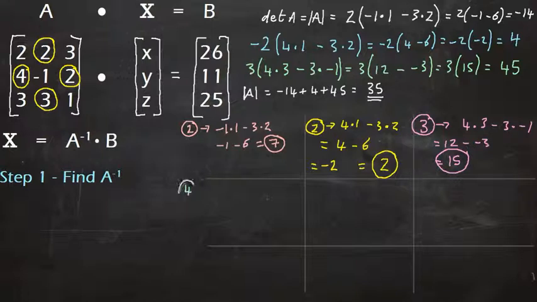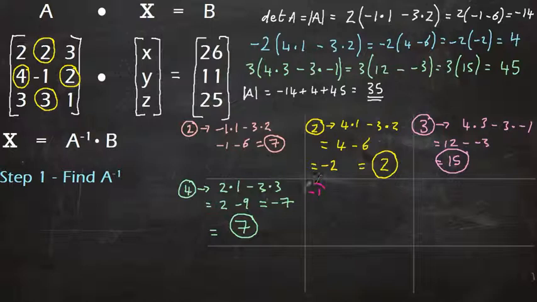Element 4 is going to give us 2 lots of 1 take away 3 lots of 3, which is equal to 2 take away 9, which is equal to minus 7. But because this is one of the every other numbers, we need to change the sign of this. So the cofactor of 4 is actually positive or plus 7.